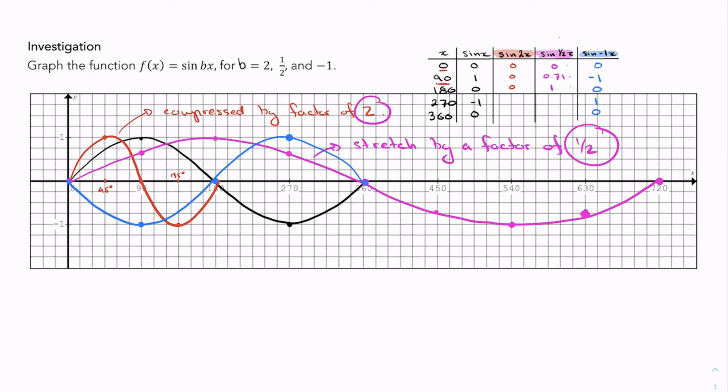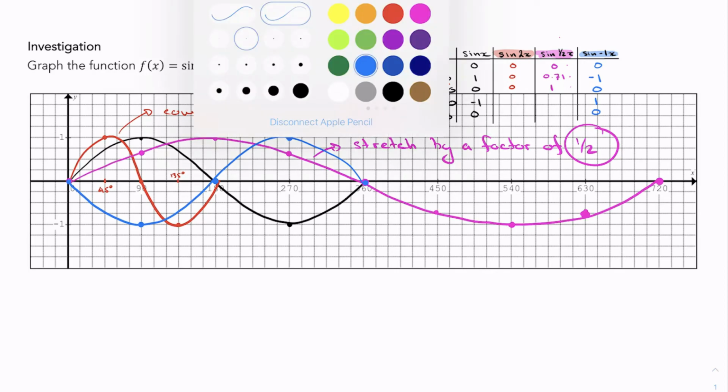So the blue line is basically the original sine graph. I'm just going to quickly get rid of the purple and the red. It's the original sine graph reflected in the x-axis. In other words, that negative in front of the x, all it does is it reflects the graph in the x-axis. I'll put these back and just write that in over here.